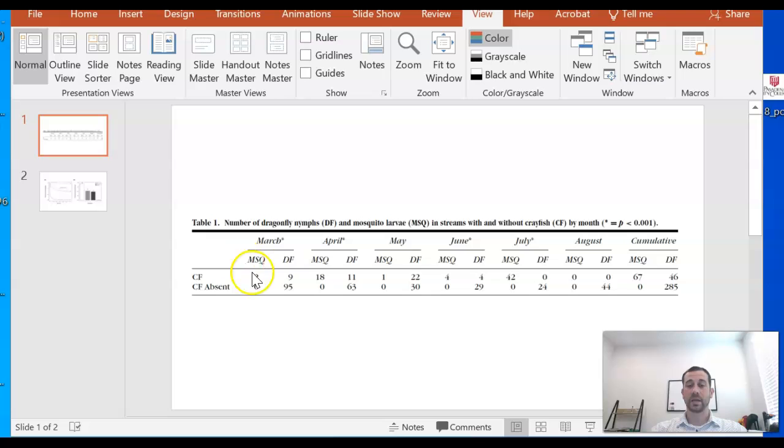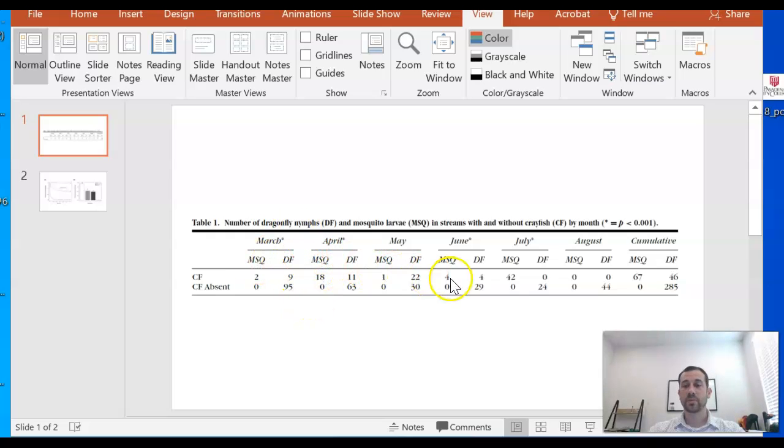In the streams in March where there were no crayfish, there were 0 mosquito larvae and 95 dragonfly nymphs, which makes you think that at least in March, the presence of crayfish will drop or cause a drop in dragonfly nymph number. Okay? When crayfish aren't around, then there's going to be a boost or an increase in dragonfly nymph number.